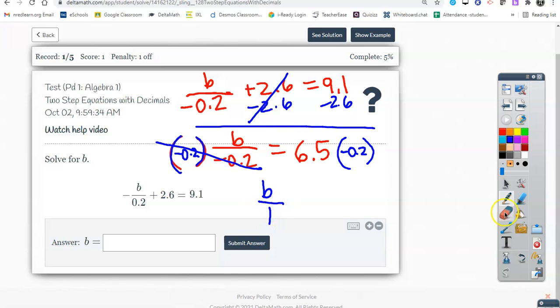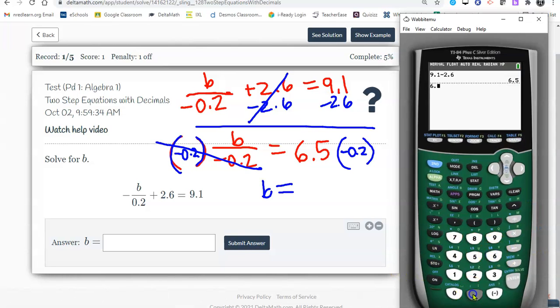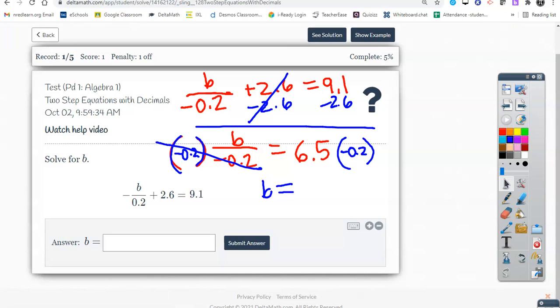That's really what's happening there. So I'm going to leave that denominator of 1 off. And then over here on the other side, 6.5 times negative 0.2. To speed up this process, I'll use my calculator, and I get negative 1.3.